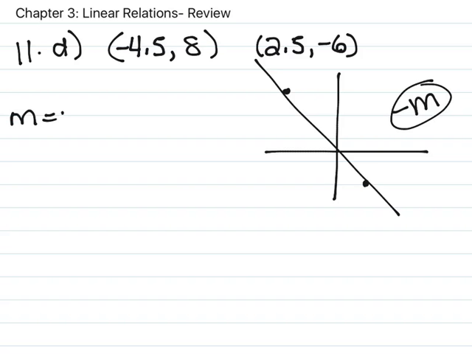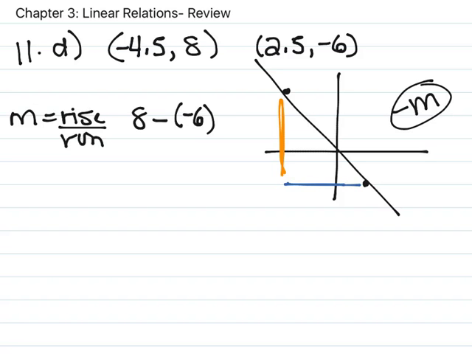So we have m is equal to rise over run. So our rise, we've gone from 8 down to negative 6. And then for the run, it's going this way. We've gone from negative 4.5 to positive 2.5.